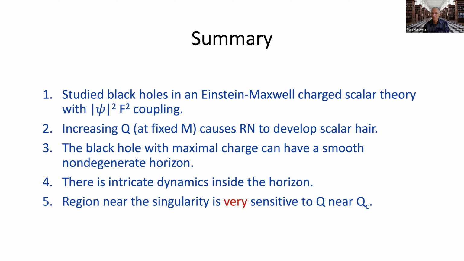Normally non-extreme Reissner-Nordström is stable if you don't add this extra term, or that's, I guess, expected to be stable. And with this extra term, the non-extreme Reissner-Nordström becomes unstable near extremality, but still a finite distance away. And the endpoint of that instability under dynamical evolution, we expect to be these hairy black holes.